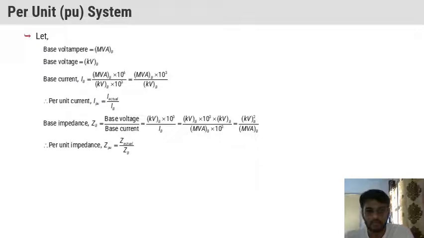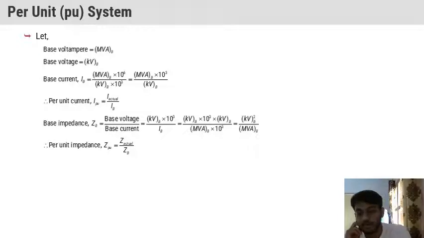Let me give one example, or explanation, of how we can find the per unit value. If we take the base volt-ampere as the MVA base, and the base voltage as the kV base, these are our two bases. Now we want the base values for current and impedance. As I said earlier, we have only two base values, power and voltage, and the others are derived from them.